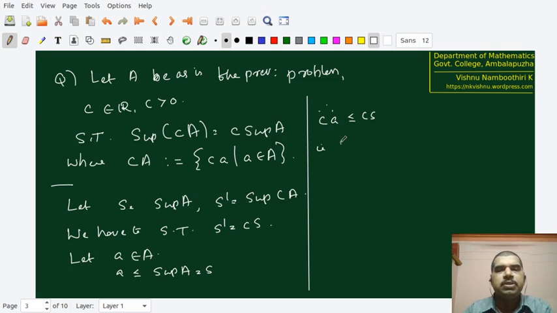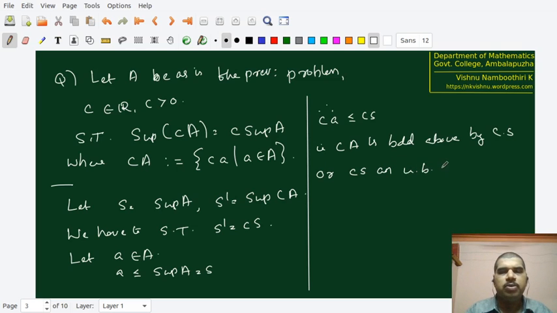That is, CA is bounded above by CS, or CS is an upper bound of CA.